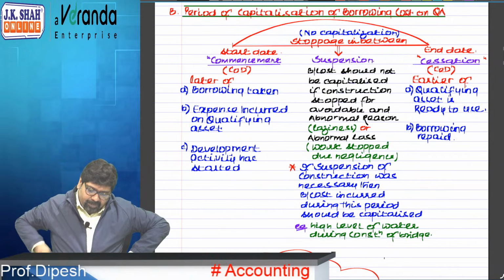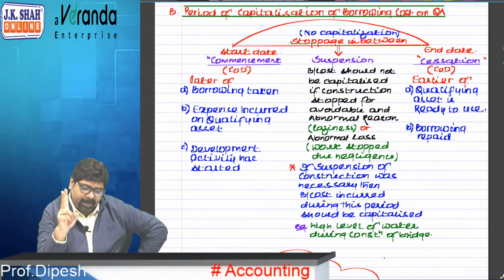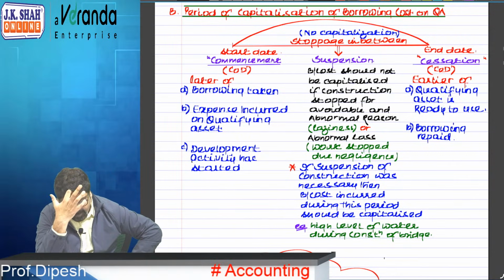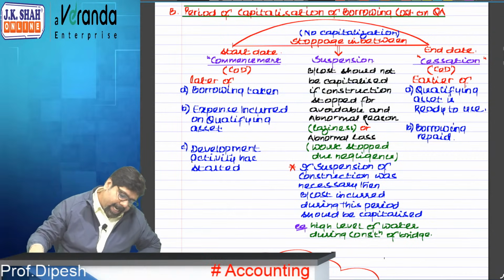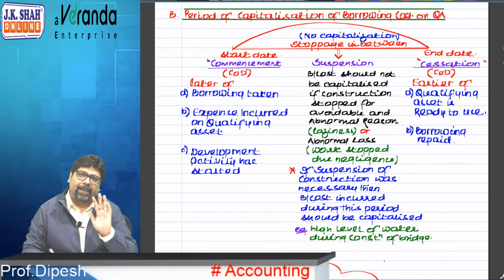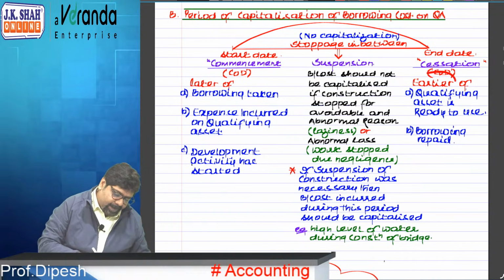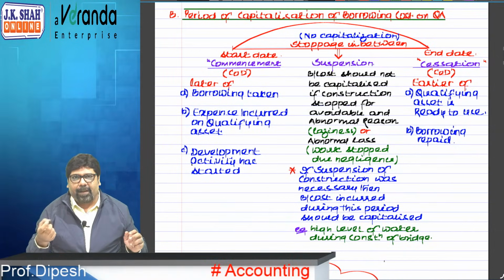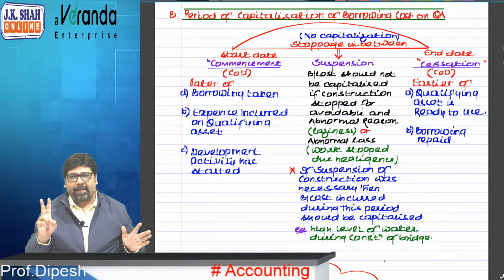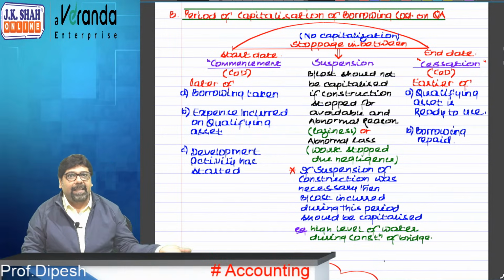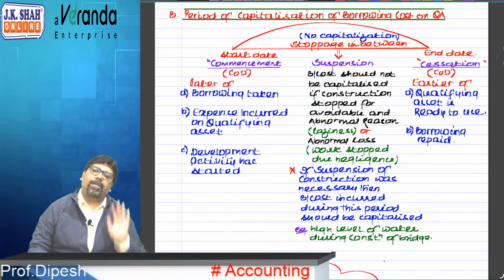End date, that is cessation date, is the earlier of the qualifying asset being ready to use or the loan being repaid, whichever is earlier.